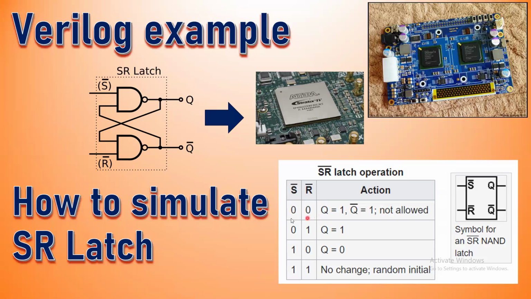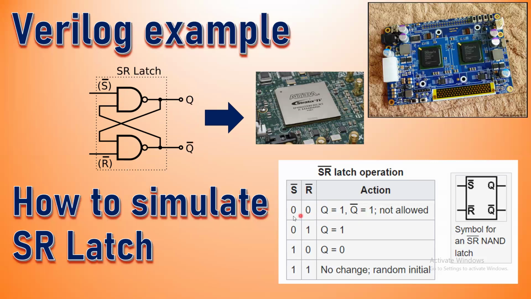When they are both set to 0,0, we know that if any one input of a NAND gate is 0, the output switches to 1. Q and Q bar cannot be 1 at the same time in normal operation, or 0 at the same time.